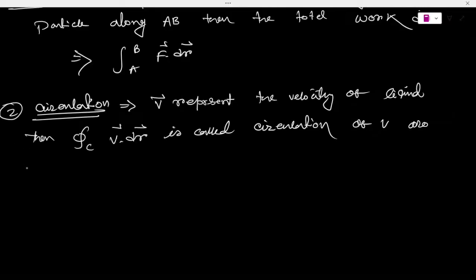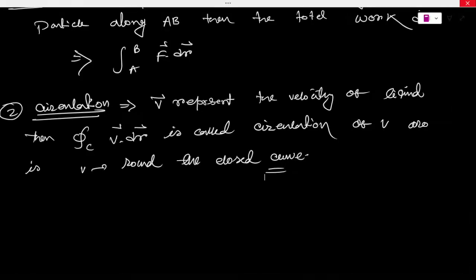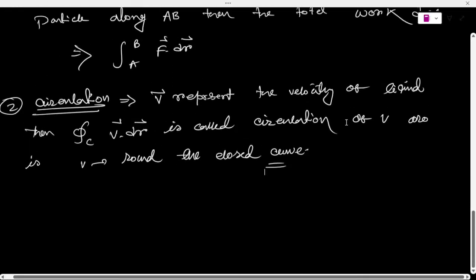V is said to be the circulation round the closed curve. So that's the main topic.